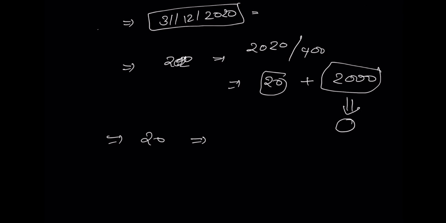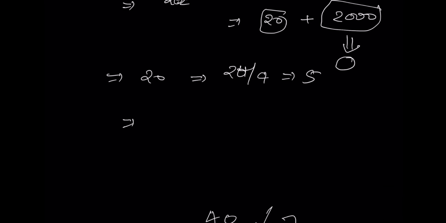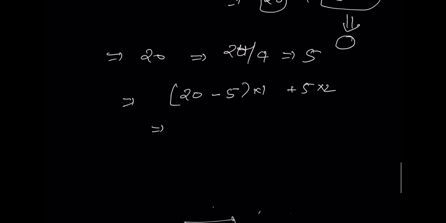In 20 years, how many leap years do we have? 20 divided by 4, 5 leap years. So the total number of extra days is 20 minus 5 into 1 plus 5 leap years into 2. That gives us 25.